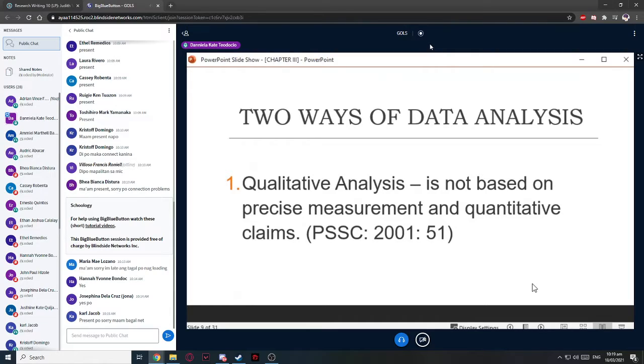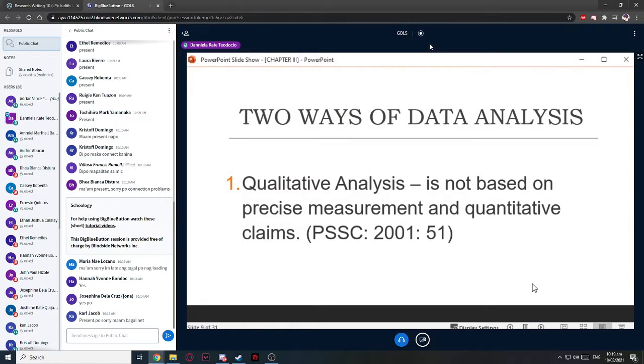You only had your questionnaires answered, but your chapters 3 and 4 were not defended because classes were already suspended. Qualitative analysis is not based on precise measurement and quantitative claims. Therefore, it uses words, phrases, and sentences in order to analyze a certain data.